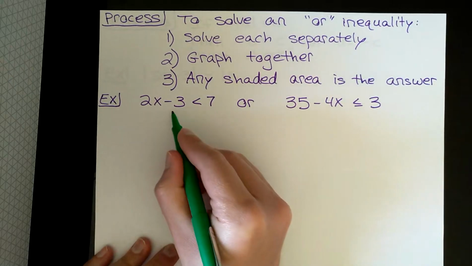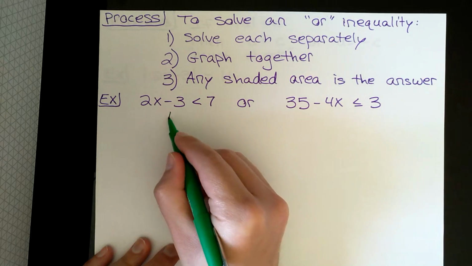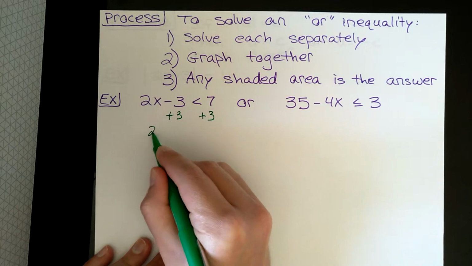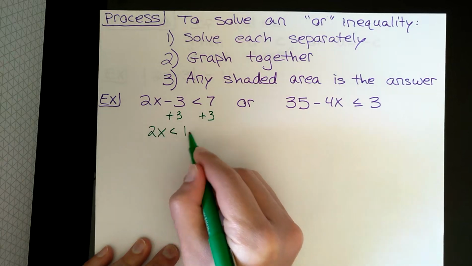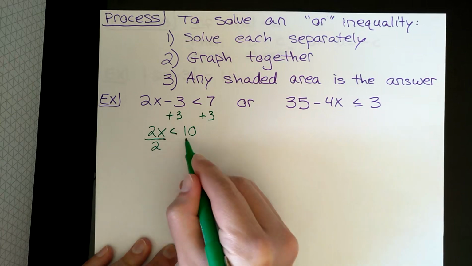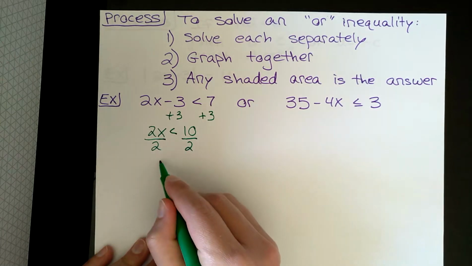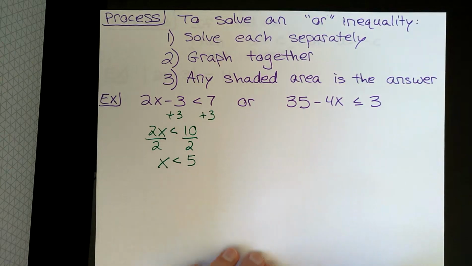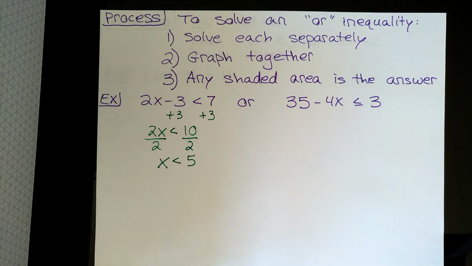So, going through this, we're going to go ahead and add 3 to each side to start getting x alone. That gives us 2x is less than 10. And then dividing each side by 2, we get x is less than 5. For this right problem, I'm going to go ahead and switch markers again.